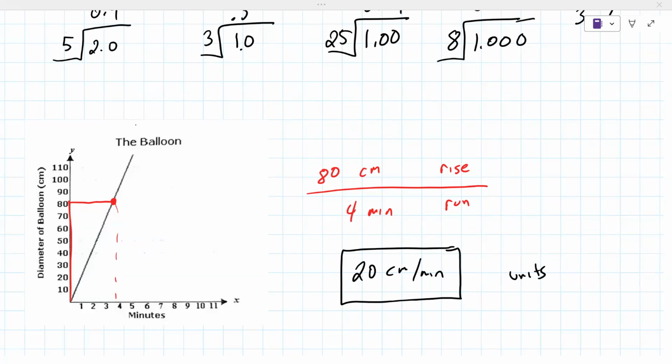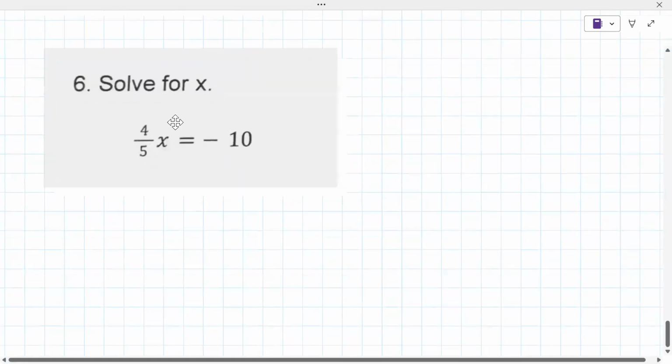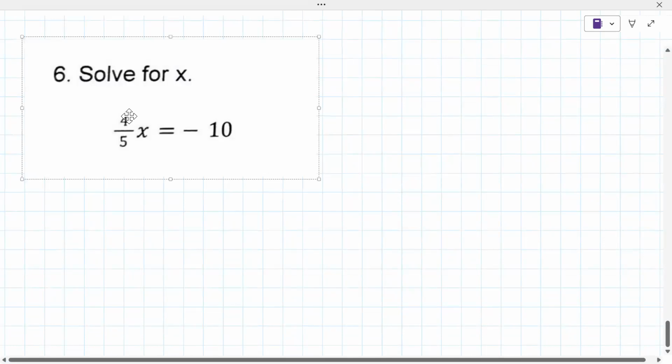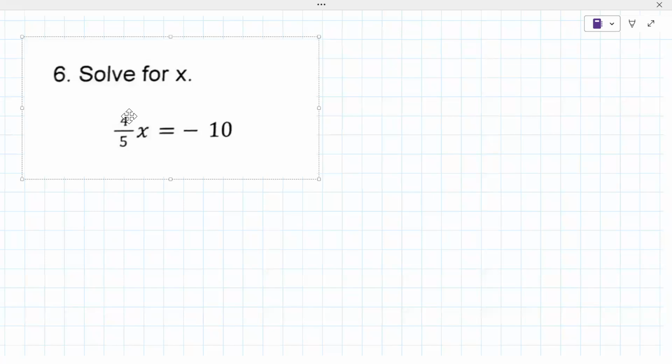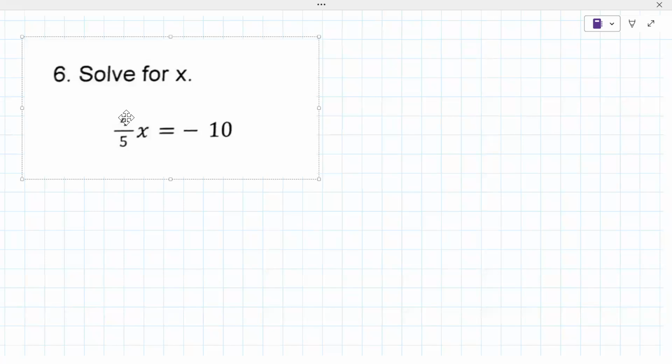Let's go to number 6. We were doing a bunch of these for your review for your test. Solve for x, you would divide. 4.5 x, divide.